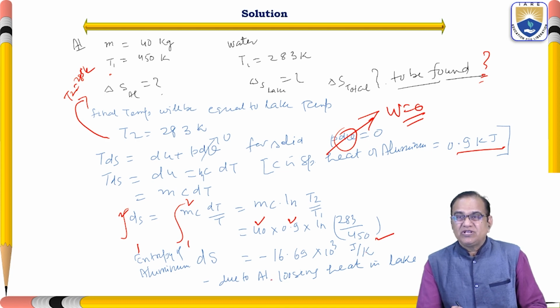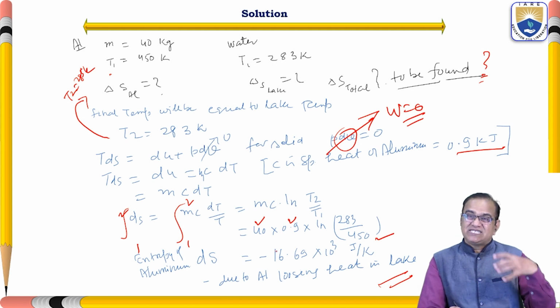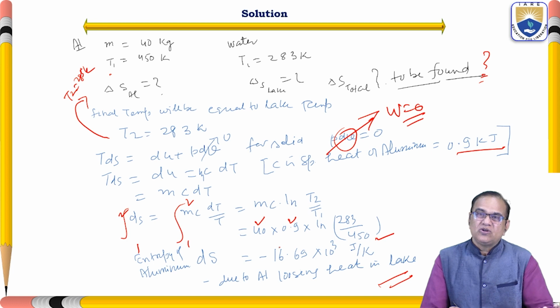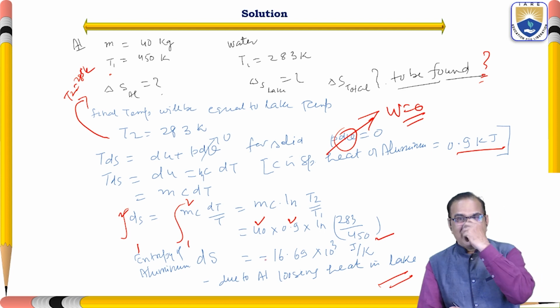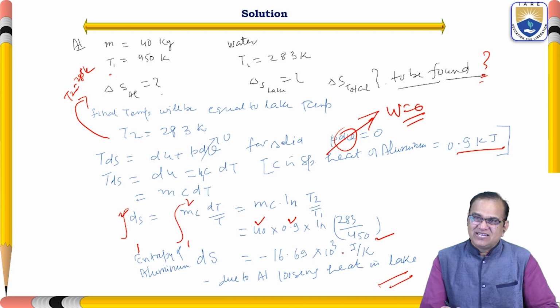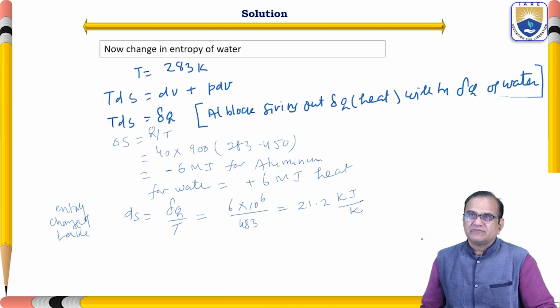Minus, because aluminium loses heat to the lake. This minus indicates that it is losing its heat to the lake. So for the block, it is minus 16.69 kilojoule per Kelvin. That is your entropy change.